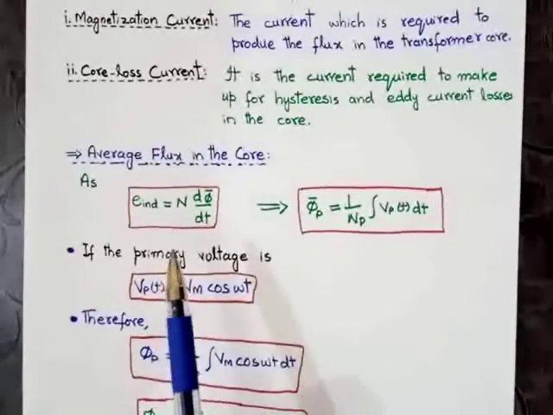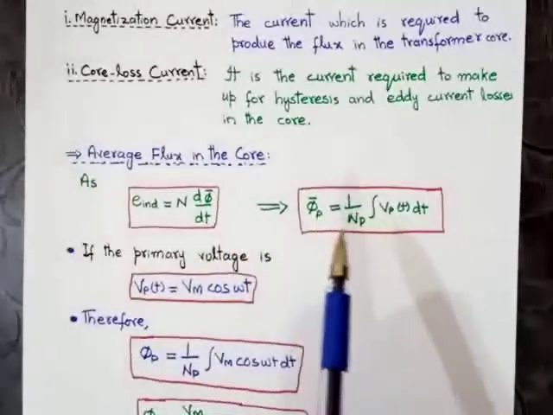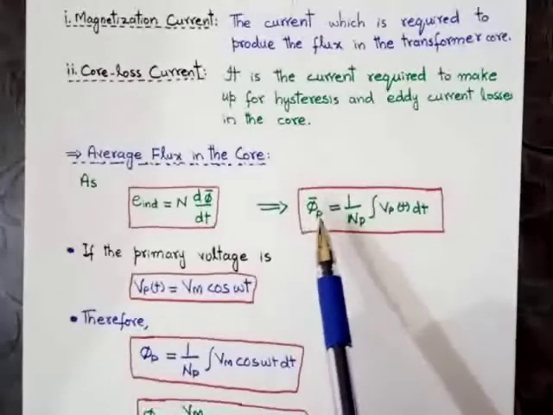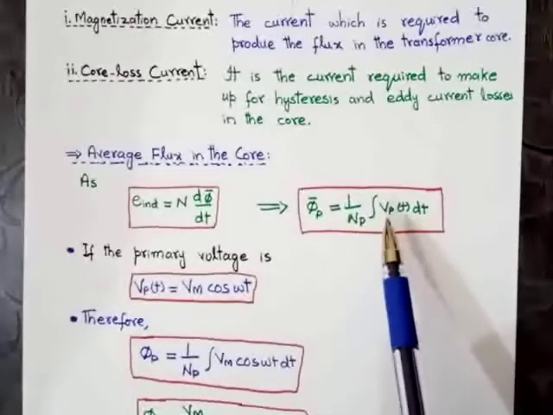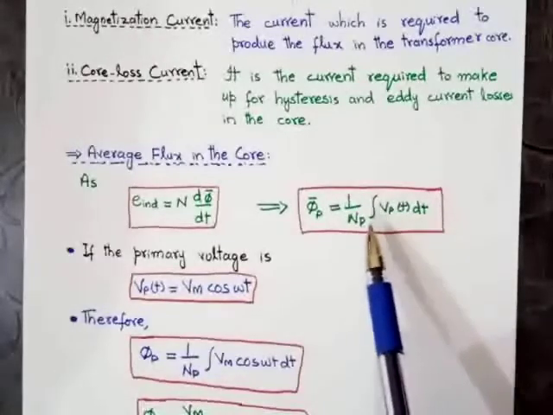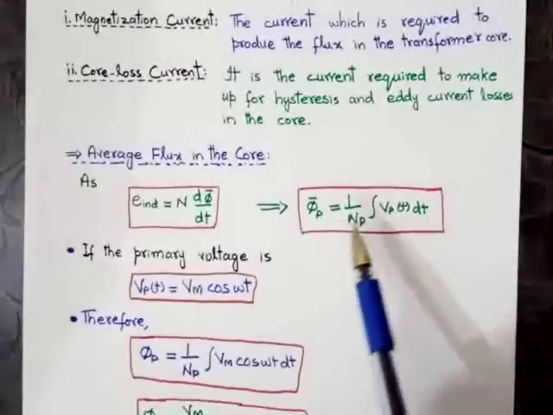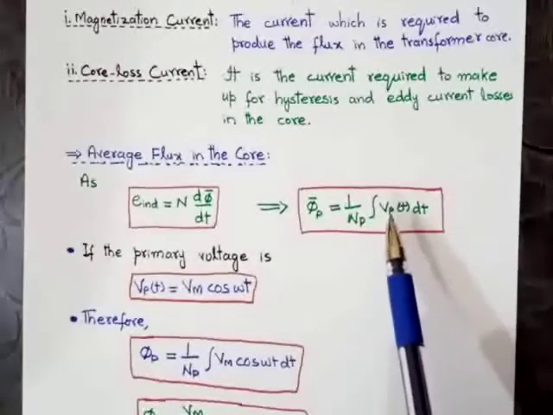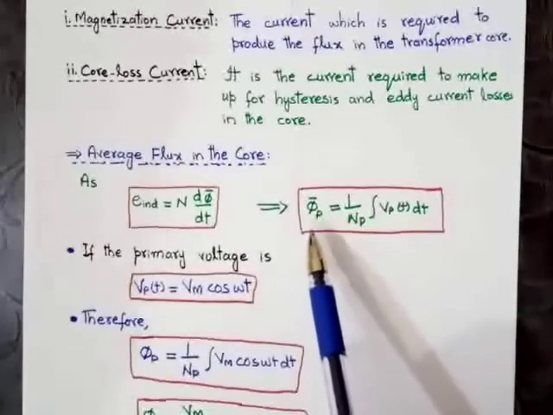As we know, the average flux across the primary winding is equal to 1 over Np integral of Vp(t) dt. Np means the total number of turns of the primary circuit and Vp(t) is the applied voltage across the primary circuit, and phi dash means the average flux due to the primary winding.